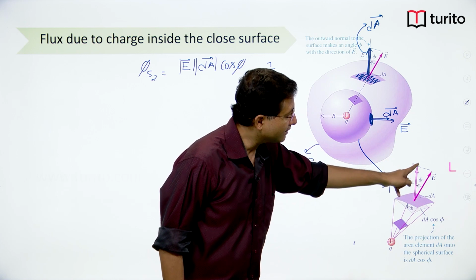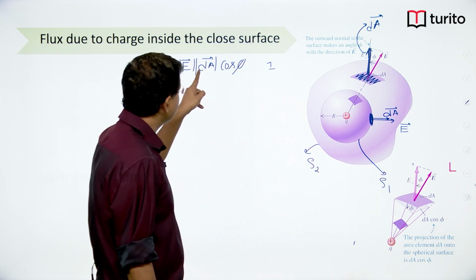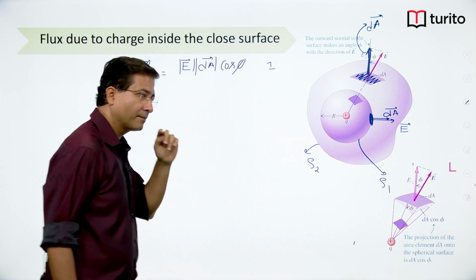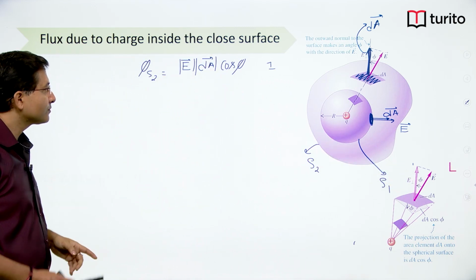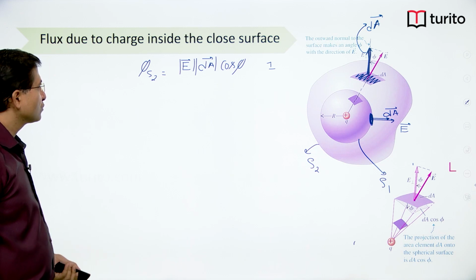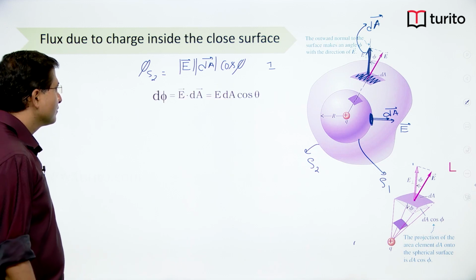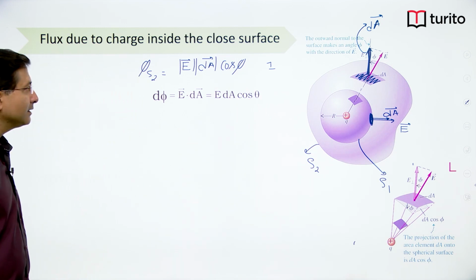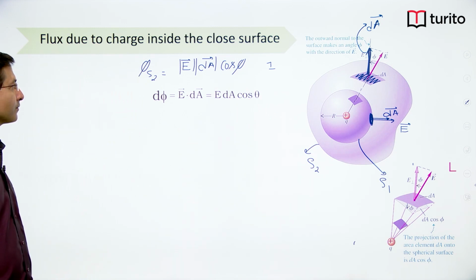Area vector in this direction, field in this direction, here I write dA, here I write E and this cos phi. Simplifying this one will give E dA cos theta, okay.